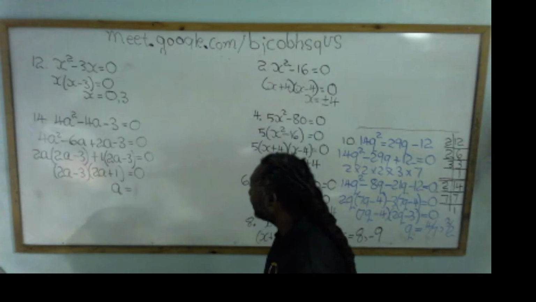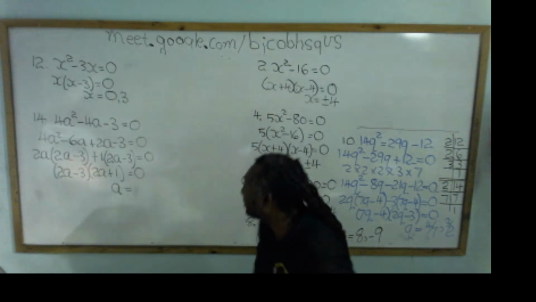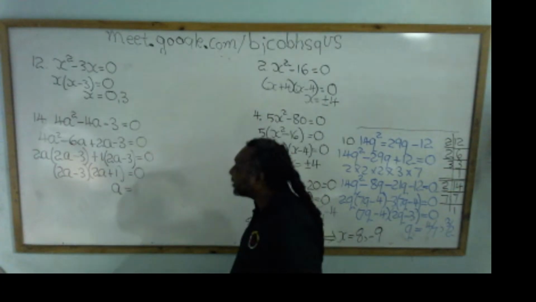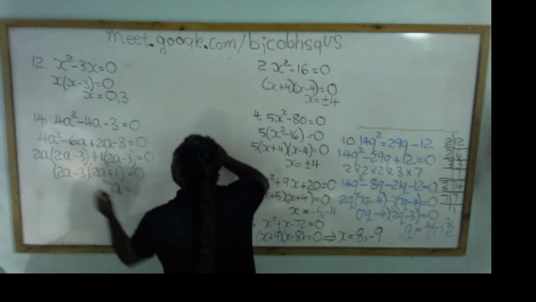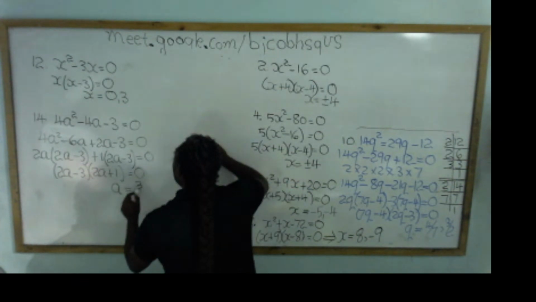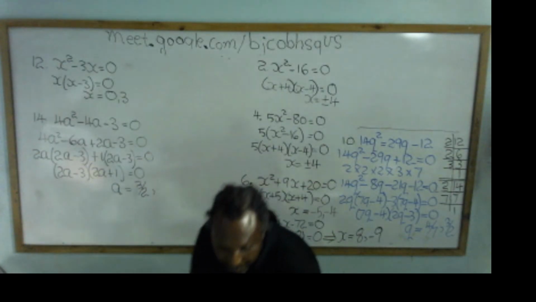One of them is 3 over 2, and what's the other one? A half. Not quite. So we eliminate the 3 by addition and then divide by 2. 3 over 2. And the other one is what? Yes, negative a half.